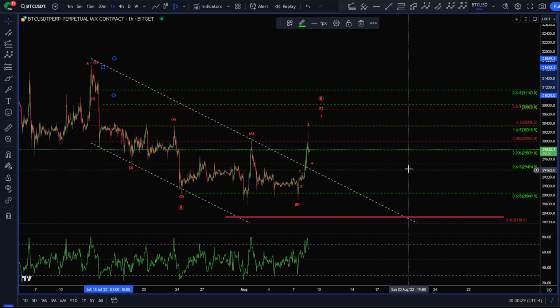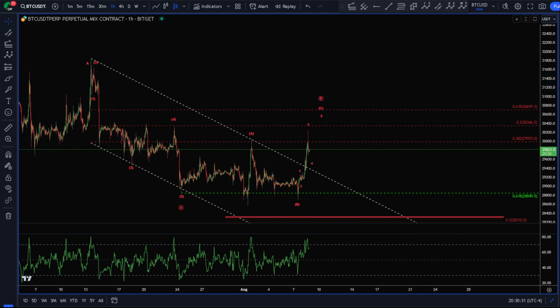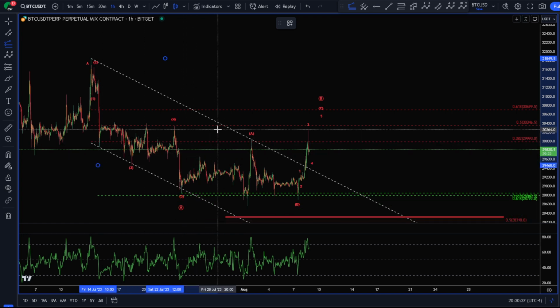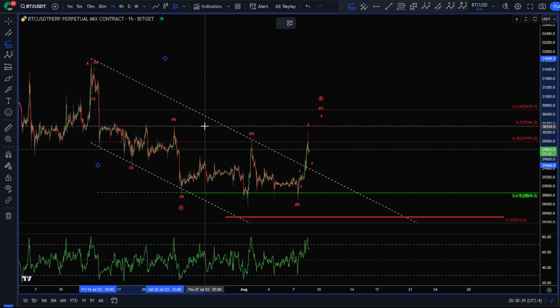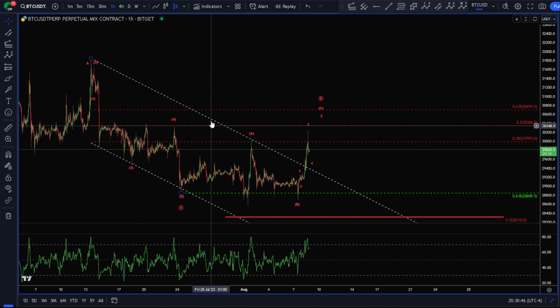You can see we hit that 2.618 almost to the T. And for our 5th wave, we're going to look for the 0.618 of the 1 through 3 off the 4, and you see we tagged it almost perfectly again. So because of that, I think this is the most probable count, bringing us down in an A wave.